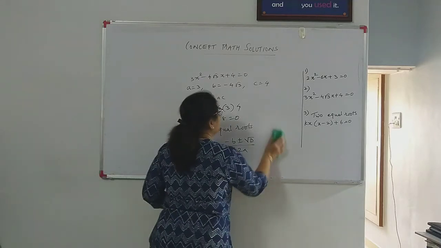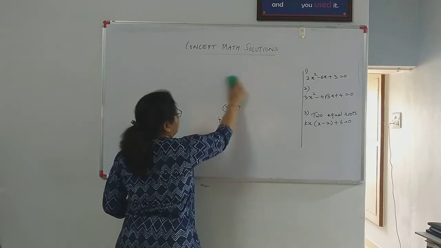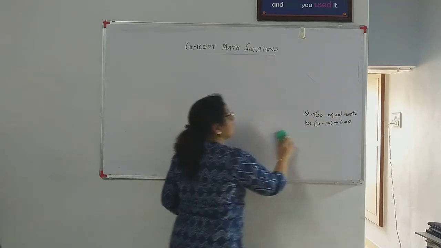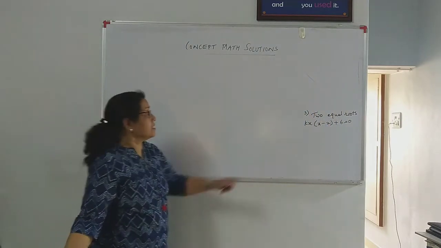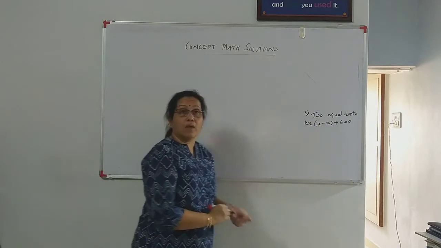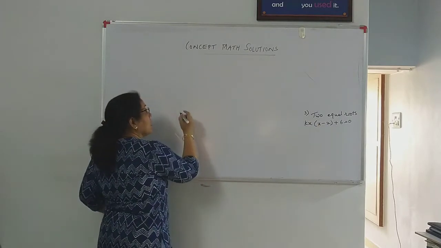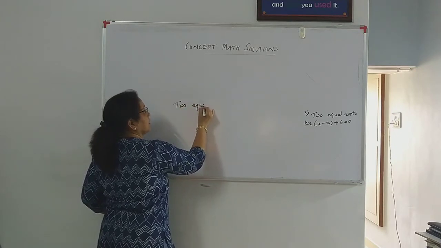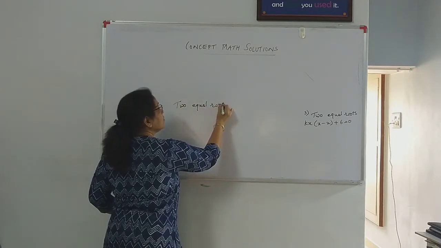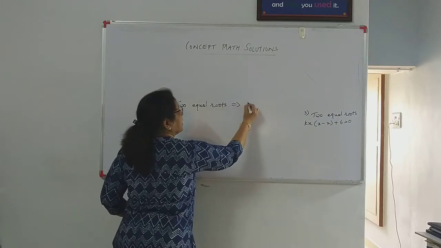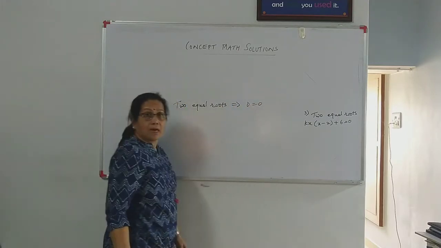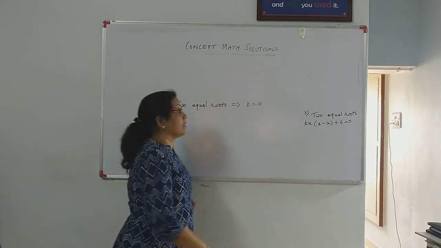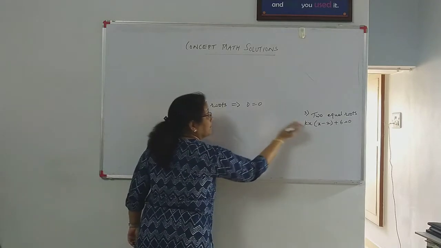Now, the third question which I plan to discuss today says, find the value of k if this equation has two equal roots. It's given that it has two equal roots, and two equal roots imply D equal to 0. First we have to open the bracket.